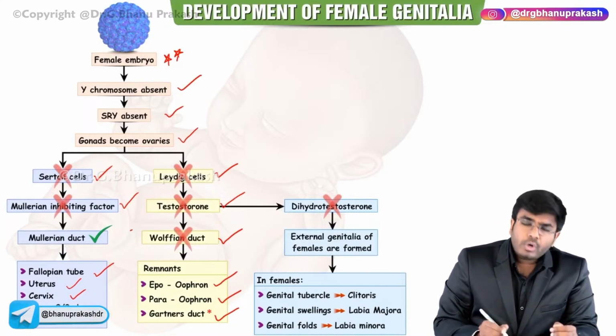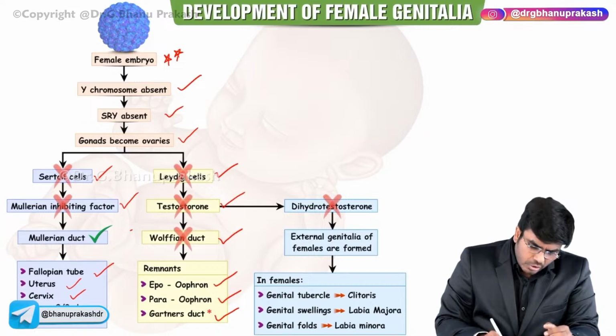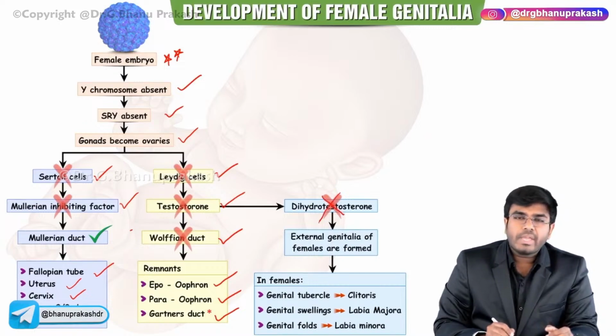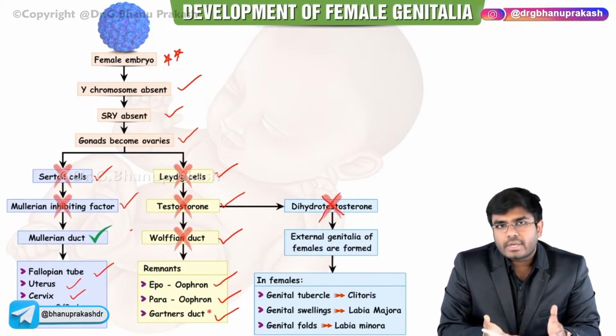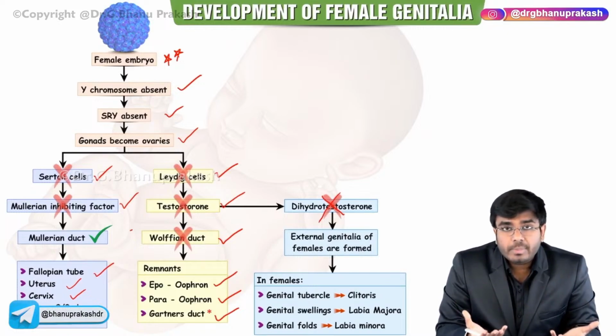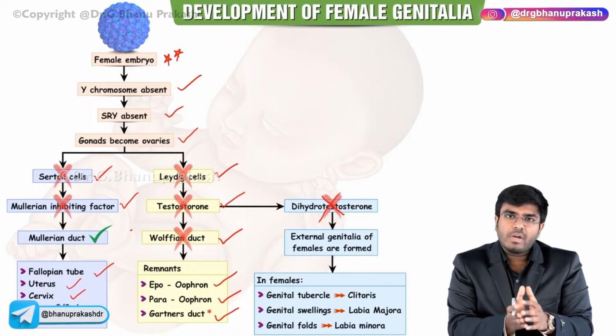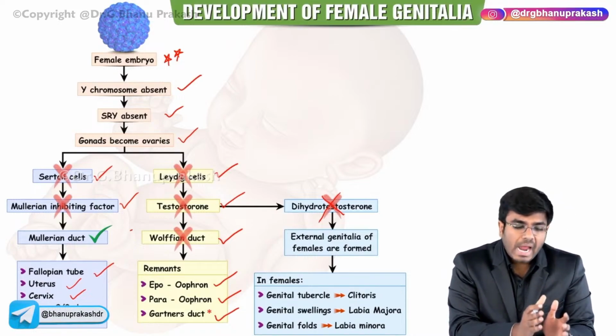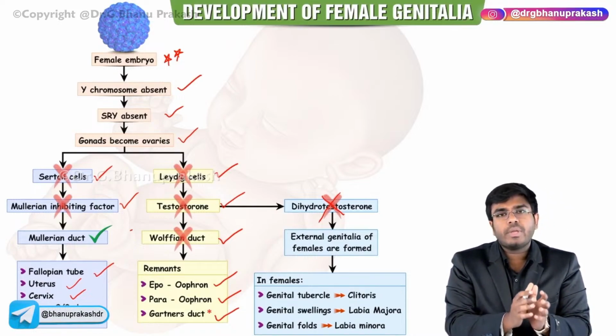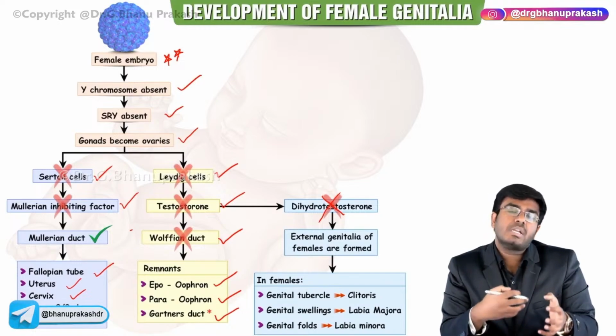Whenever there is no testosterone, there is no dihydrotestosterone. Testosterone itself is not there, so how will dihydrotestosterone be there? In a male, testosterone converts into dihydrotestosterone, which forms the male external reproductive organs.